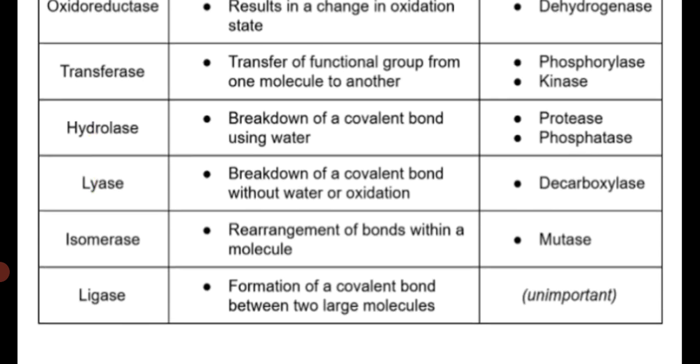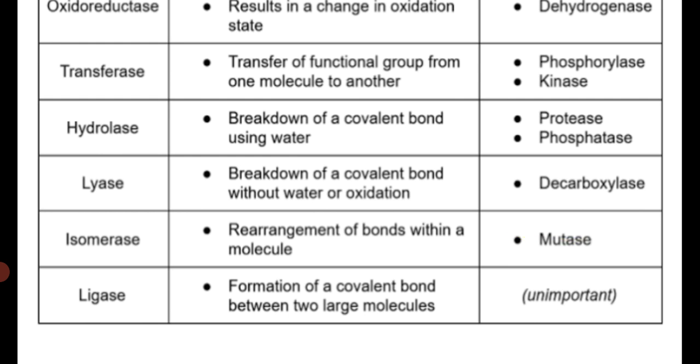Isomerase: rearrangement of a bond within a molecule. Because of this rearrangement, the reactant and the product have the same molecular formula, but they have a different structural formula, meaning they are isomers of each other. An example of isomerase is mutase.